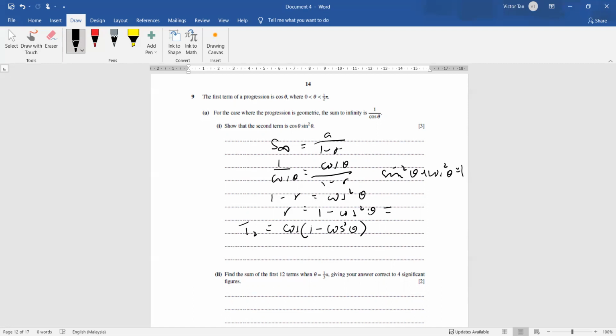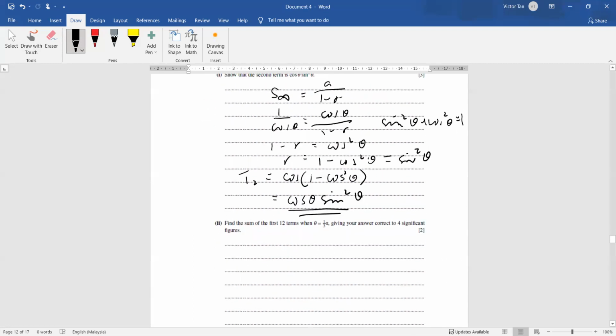So this 1 minus cos square theta will be sine square theta. So this is cos theta sine square theta. That's it. And the sum of the first 12 terms when theta is 1 over 3 pi, giving your answer correct to 4 significant figures.